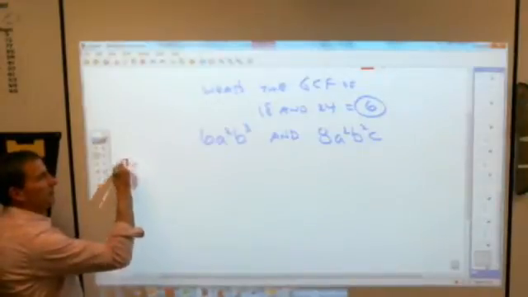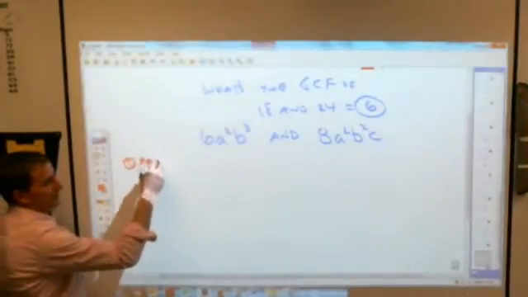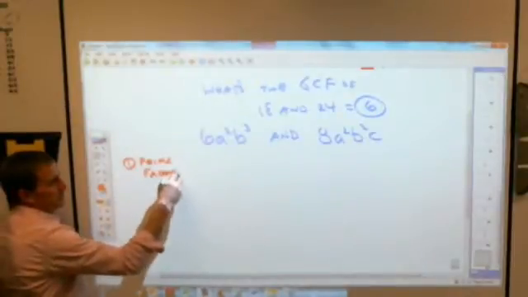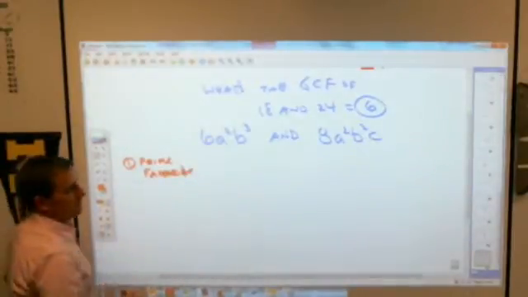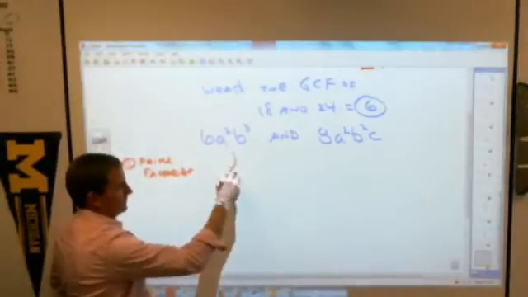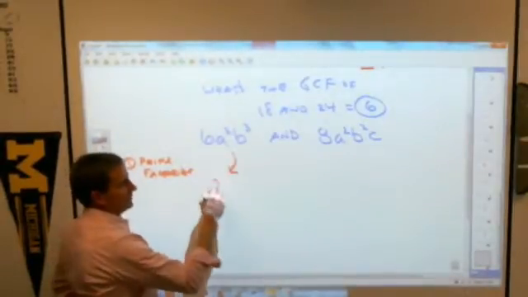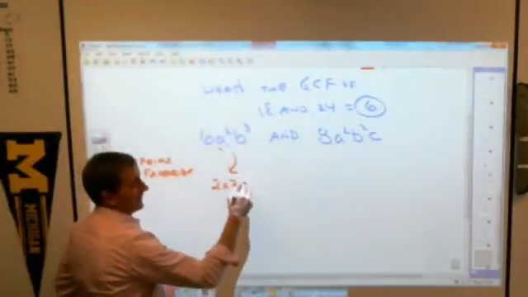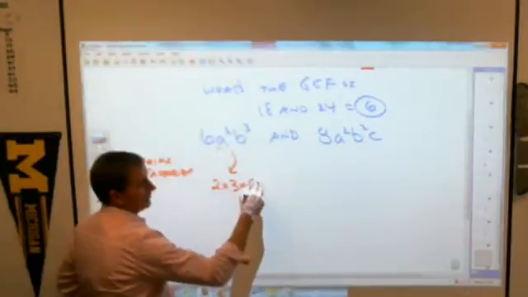Step number 1 is you need to prime factorize. If I'm prime factorizing this, that just means what times what? So you end up with 2 times 3. If I prime factorize a squared, I get a times a.